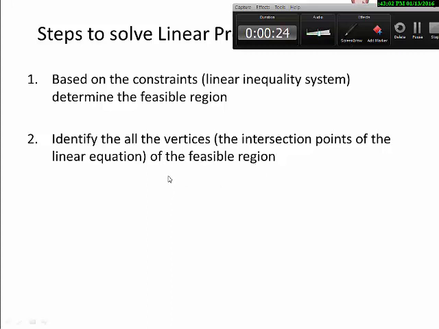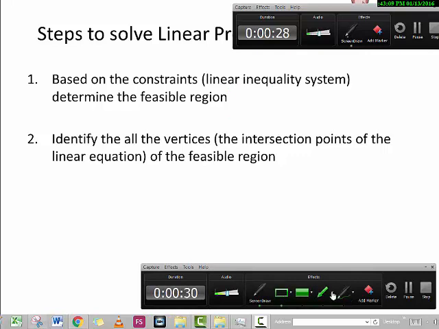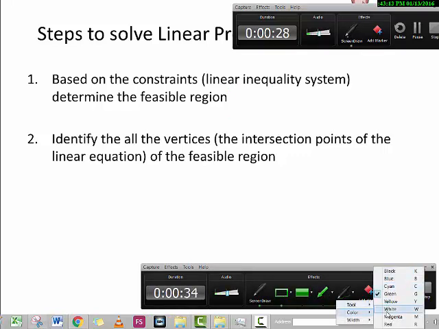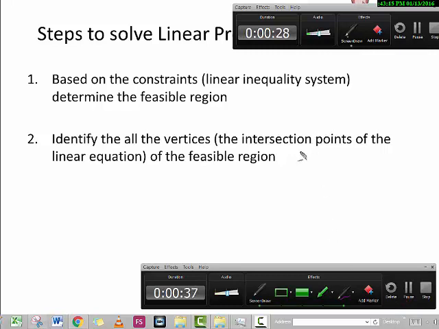In other words, you have to find the intersection points of the linear equations. Let me draw you an example right here. If you have a feasible region like this, I just give you a simple example, with the x-axis and y-axis, the vertices are all these.